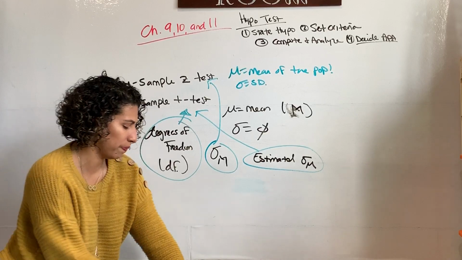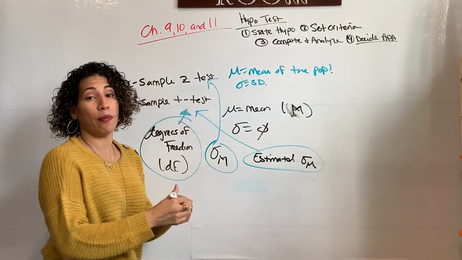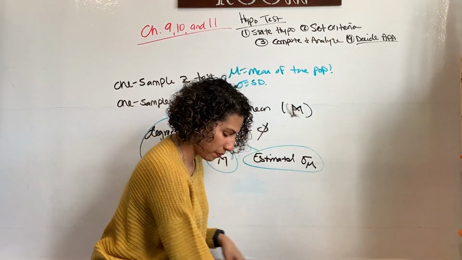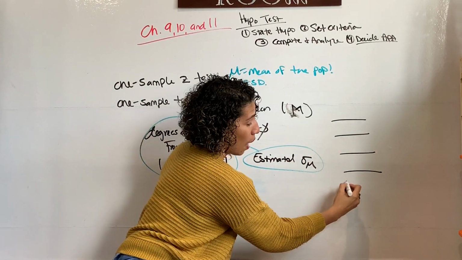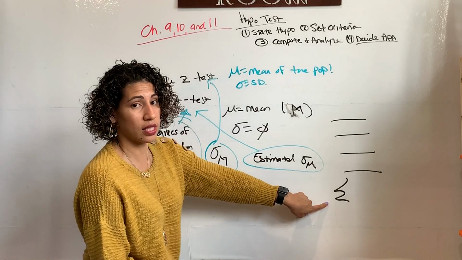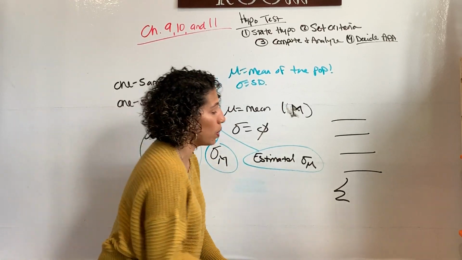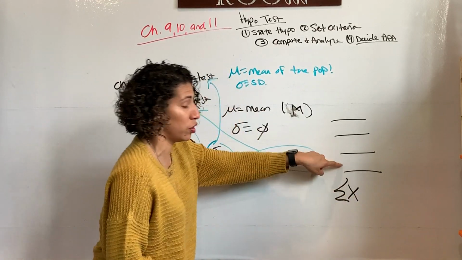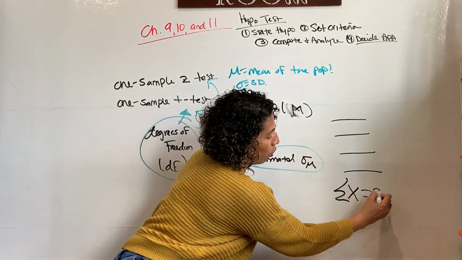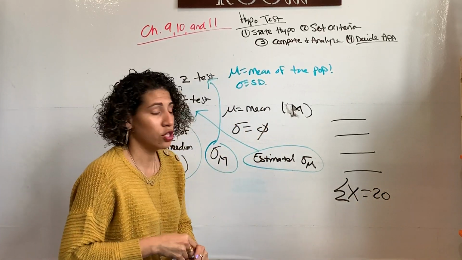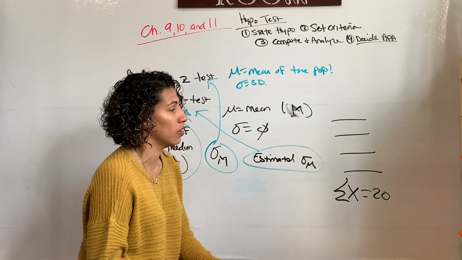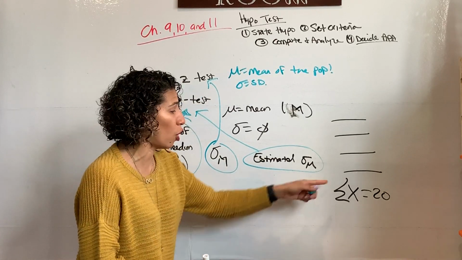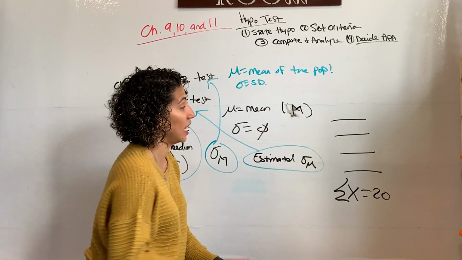So for example, if we look at some numbers, let's say we had 4 random values. And when we add up these values, right, this is lowercase sigma, meaning add them up. When we add up these X scores, or these raw scores, let's say the total came out to be 20 points. If we do a random number, so my camera guy, what's a random number lower than 20? 6.